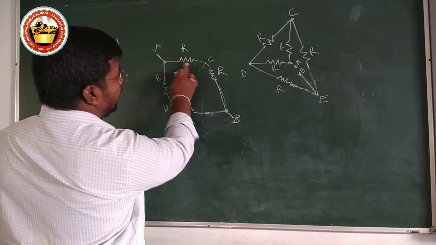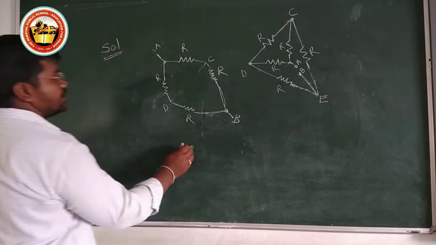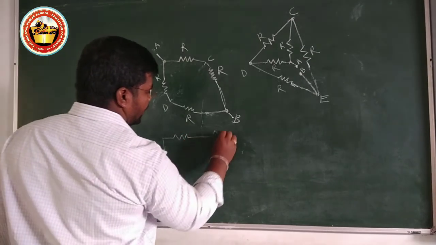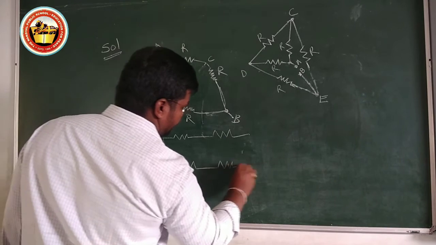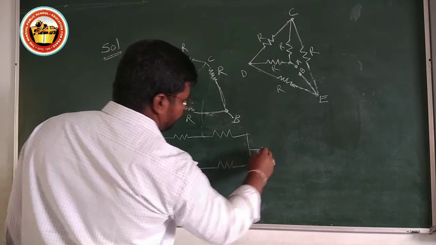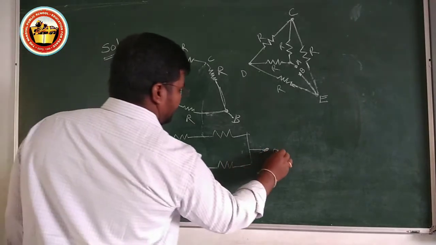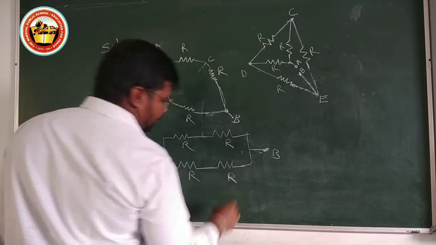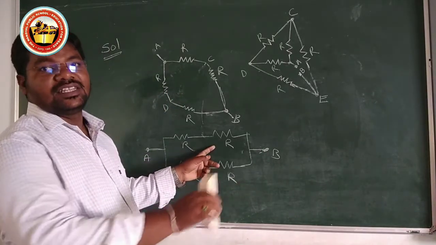Here, these are R in series. Understand? So we can get like this. This is A and B, resistance R. So R plus R, 2R in series.